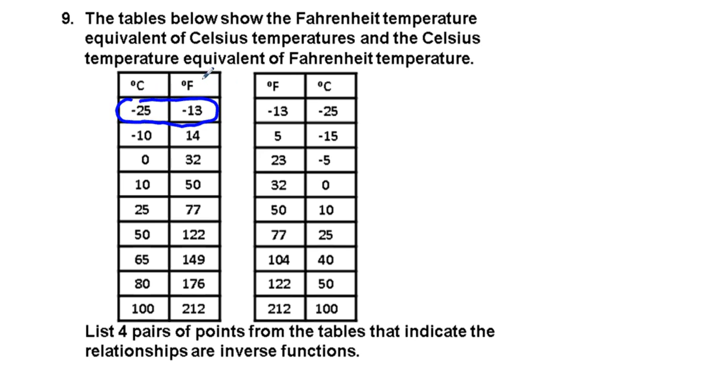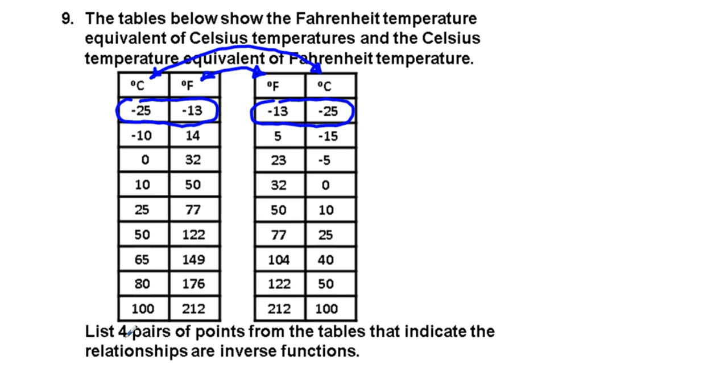And one thing you look for in these tables, in this case, the degree C input value in the initial table becomes the output value for the second table, and vice versa for degrees Fahrenheit. And you can see that x's and y's do switch places.